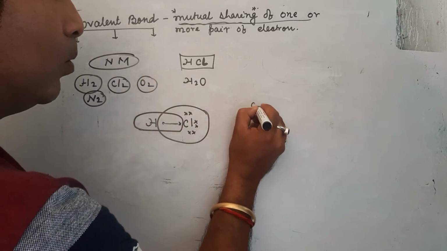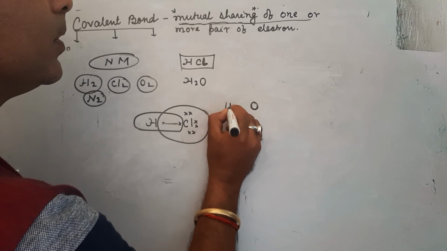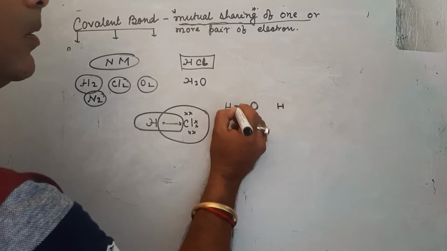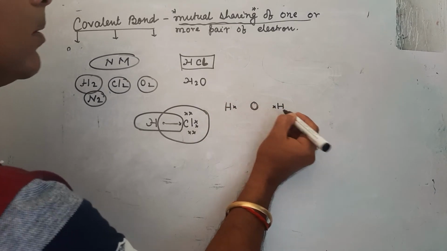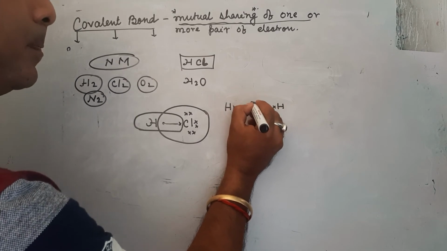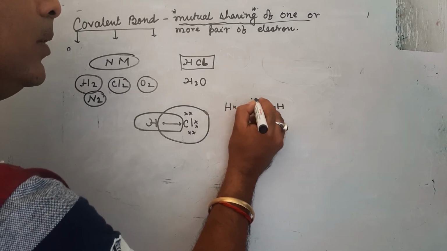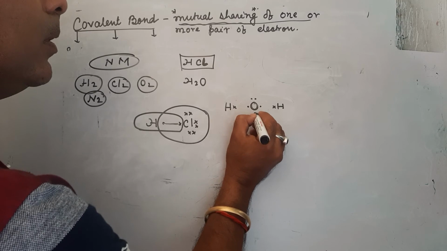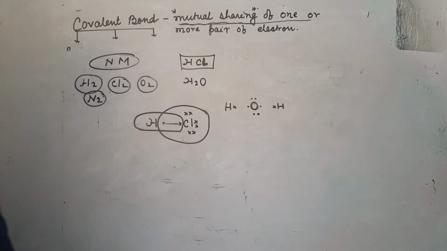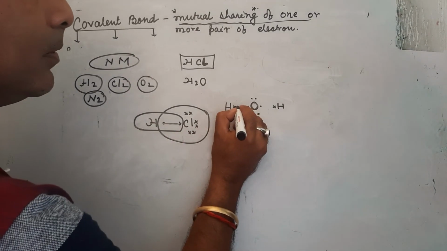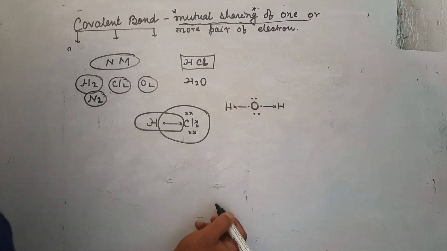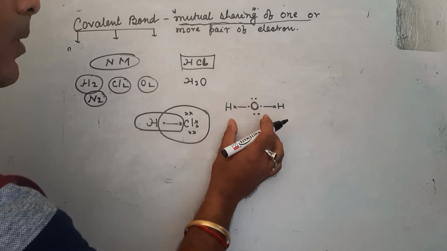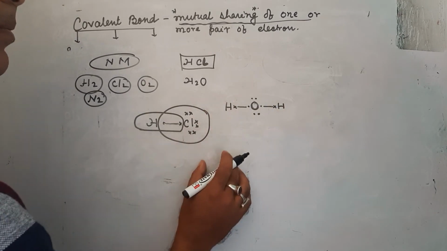Water: 1 oxygen with 2 hydrogen. Hydrogen has 1 electron, and oxygen has 1, 2, 3, 4, 5, 6. Now they share like this. Is it a single bond or a double covalent bond? Single bond. Why?